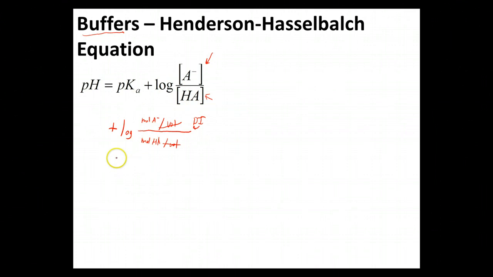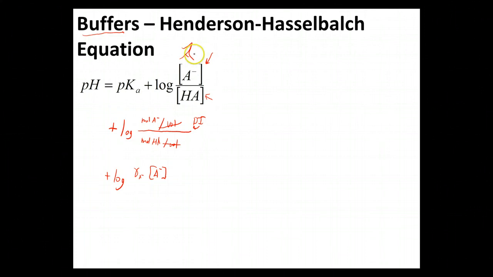At least that's our first pass at this. But let's be a little bit more rigorous. We know that instead of concentration, we really should be writing activity for all these. So let me go ahead and write out the activity. So I have log. Now we're going to have our activity coefficient of whatever species is A minus times the concentration of A minus.